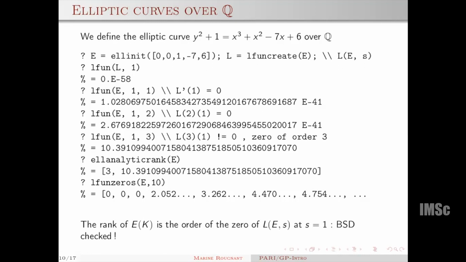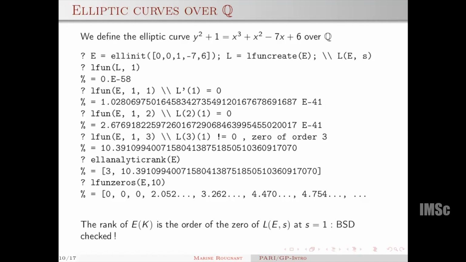You create the L function. You can evaluate it at 1. You find something really close to 0. So 1 should be a zero of this L function. Then I have a look at the first derivative at 1. We still find something really close to 0.